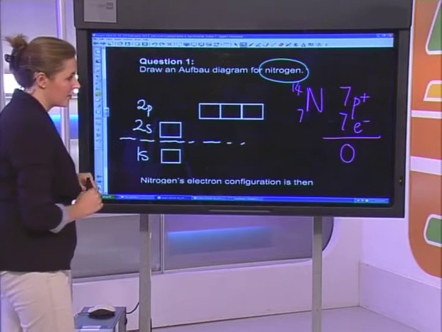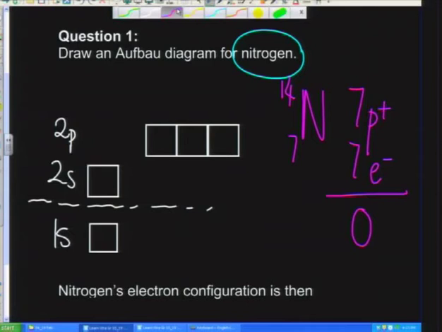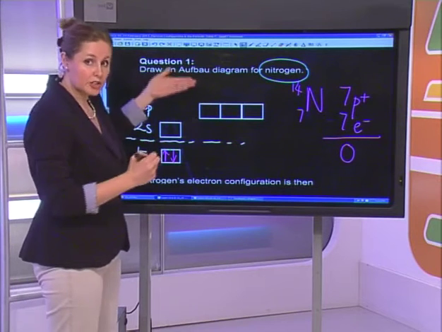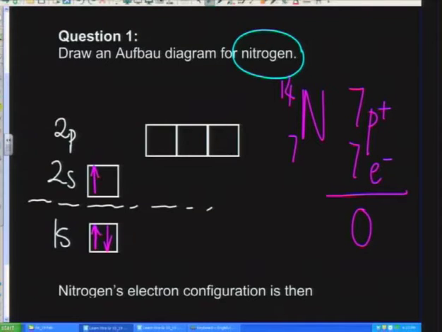Let's fill in the nitrogen, and I've got these boxes. Remember, we start from the bottom and we fill in. So 1, opposite spin, 2. That whole s orbital, that whole first energy level is now full, so we have to go to the second energy level. The next one, 1, 2, so 1, 2, 3, 4, 5, 6, 7.